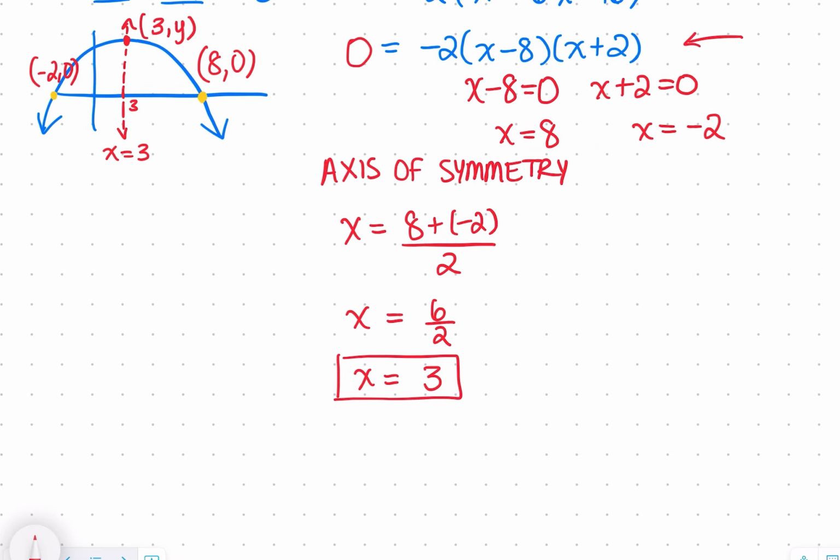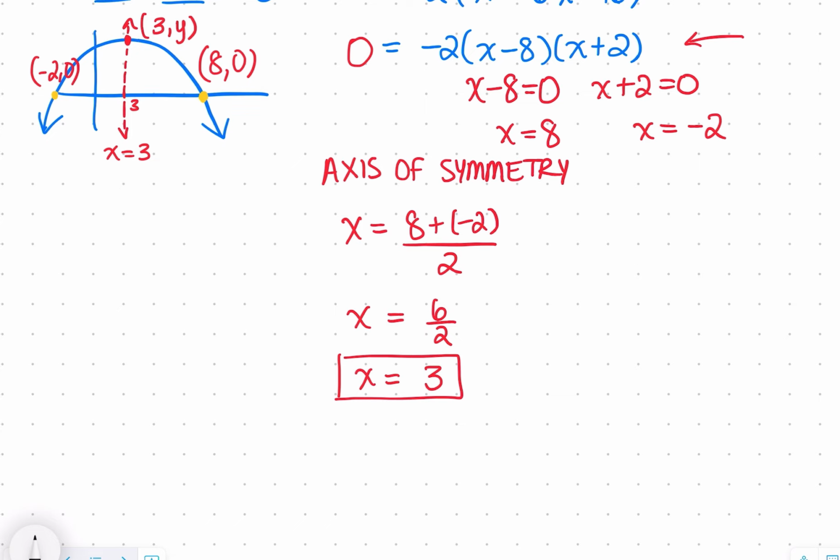So I'm going to go ahead and substitute into the factored form of the equation. And I'm going to show this using function notation. But again, if you're not sure or haven't learned about function notation yet, that's okay. Just understand that we are substituting the 3 in place of x, and we're solving for y.